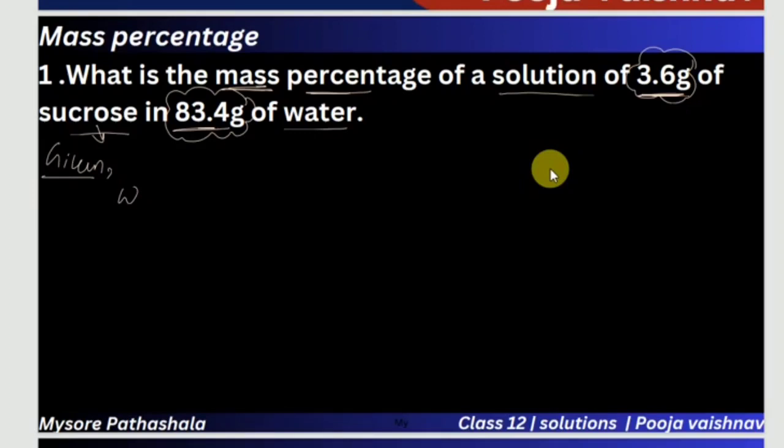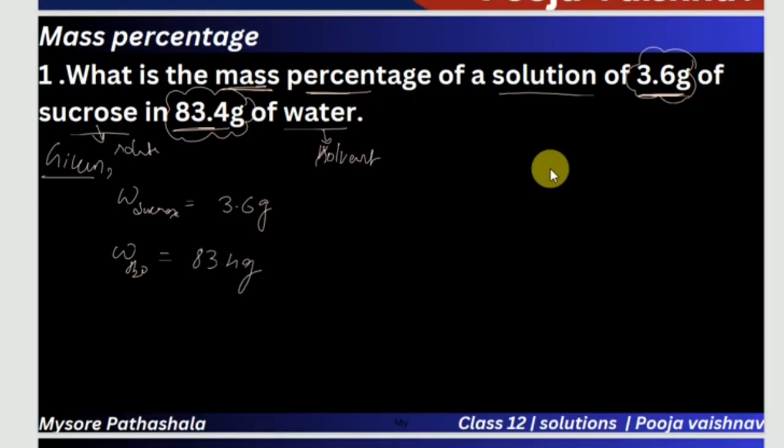Here sucrose is the solute and water is the solvent. So the mass of sucrose is 3.6 gram and the mass of water is 83.4 gram.